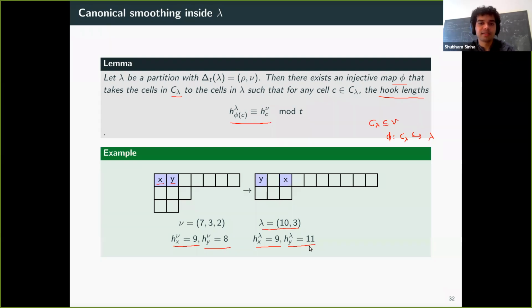So you see that it has just increased by 3. Here we are taking t equals 3. So that gives us the same modulo class.